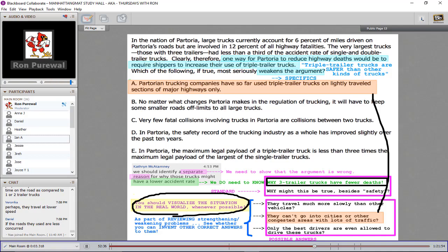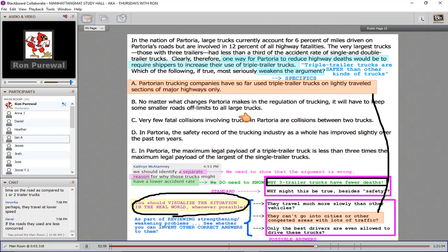For sure. You should also be able to eliminate the other choices, right? Choice B, nobody picked B, doesn't really have anything to do with anything. Choice C doesn't really matter because the absolute rate of fatalities doesn't matter here.